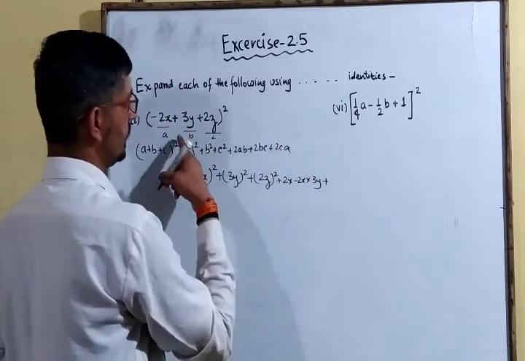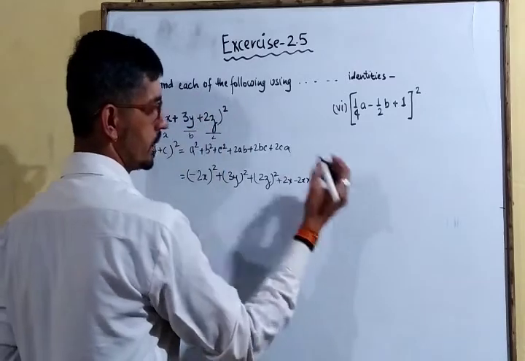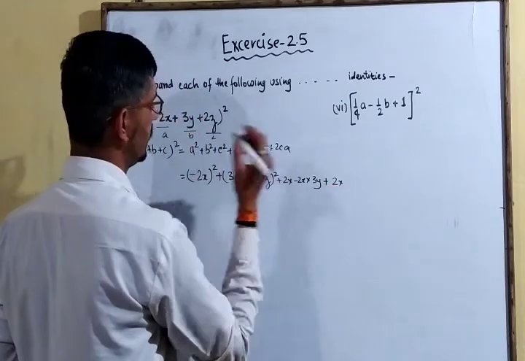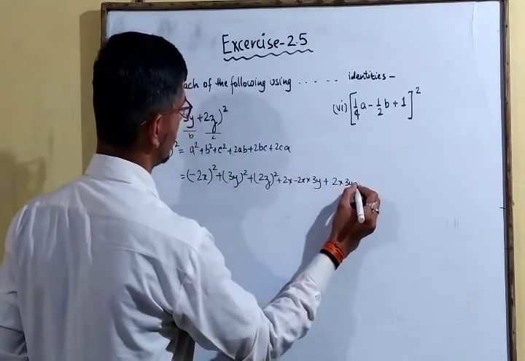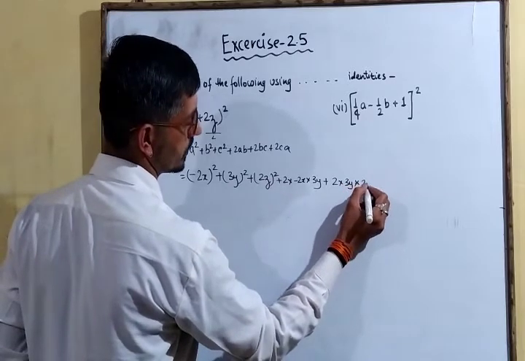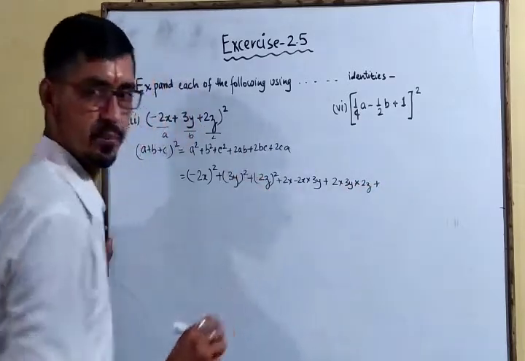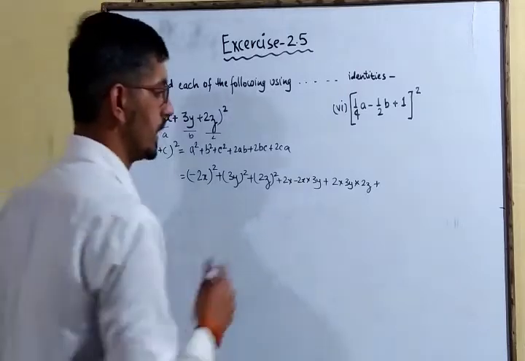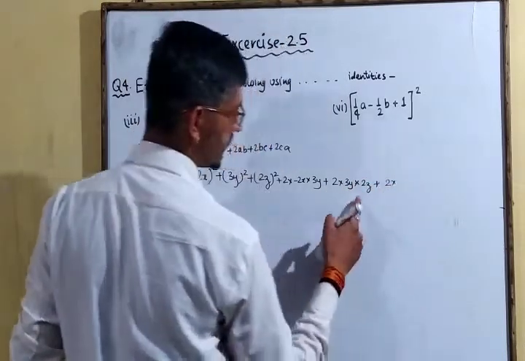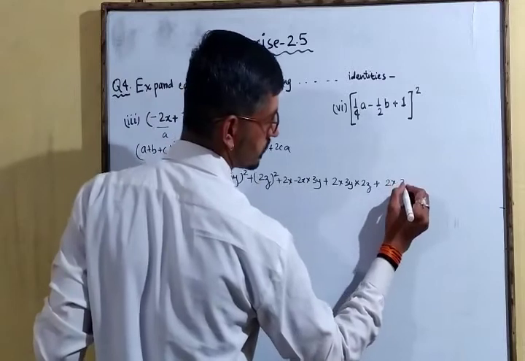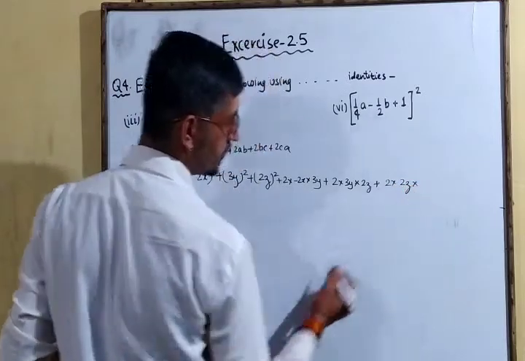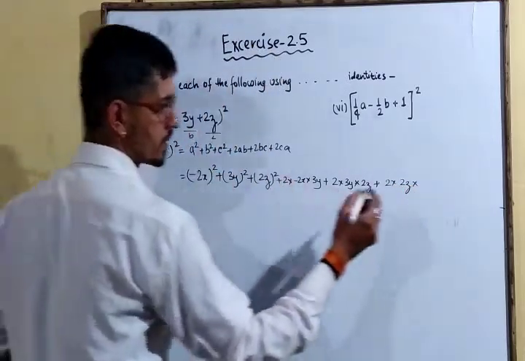Plus 2bc: 2 into b into c, 2 into 3y into 2z. Plus 2ca: 2 into c into a, 2 into 2z into -2x.